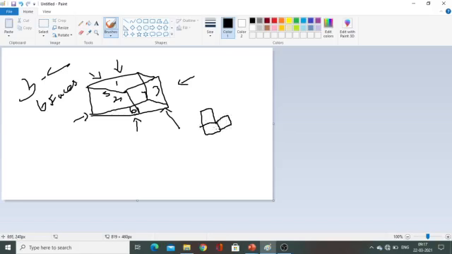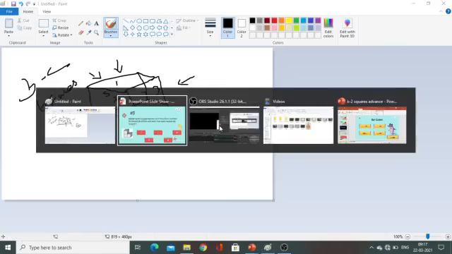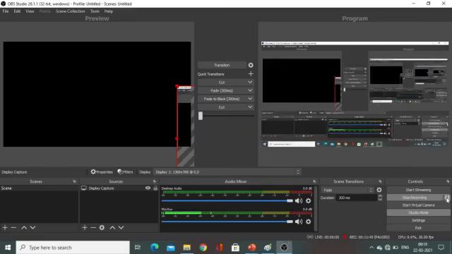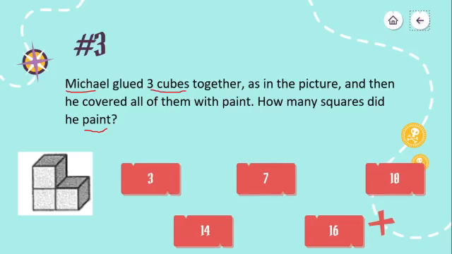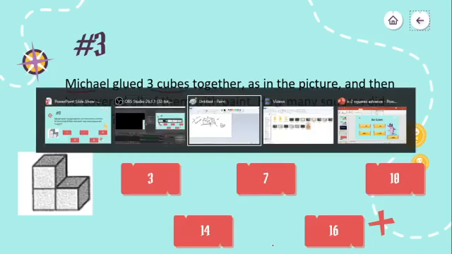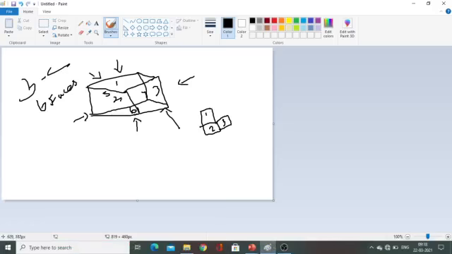Okay, this is the first cube, this is the second cube, this is the third cube. So he used 3 cubes like this in an L shape. One cube has 6 faces. He covered the 6th face of this cube using another cube.